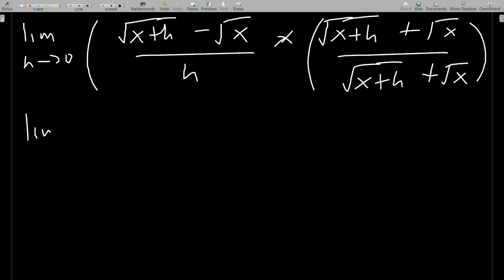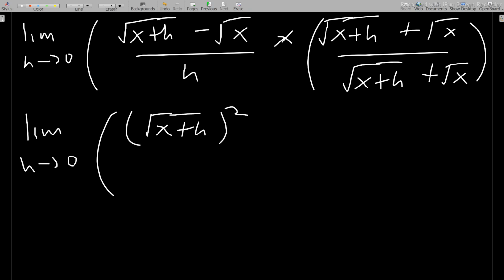So the whole of this will give us the limit as h approaches 0 of, the numerator will give us the difference of two squares, okay, or you can expand it the way you want to expand it, okay, but this is how I've seen it. So you can take your time and multiply both numerators by themselves, and you get what I'm trying to get here, okay.